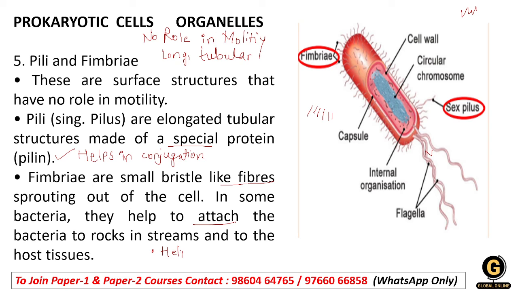It helps in attachment, either to a substratum or to the host. They help attach the bacteria to rocks and streams and to host tissues. So this was all about the pili and the fimbriae.